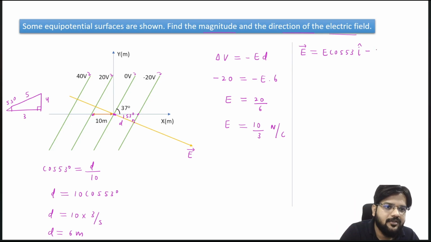So it is minus E sin 53 j cap. So what is the value of E? E is 10 by 3, cos 53. The value of cos 53 is 3 by 5.